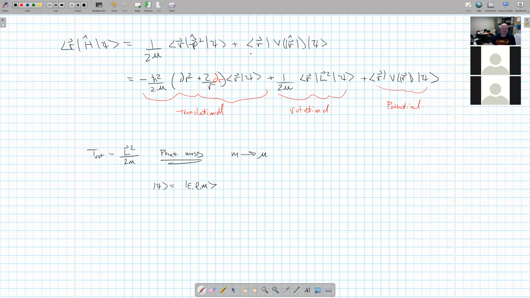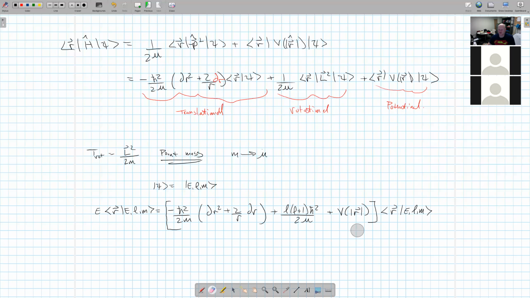So if I replace this into all these locations, what I finally get is that the energy times R E L M is equal to minus h bar squared divided by 2 mu times partial r squared plus 2 over r partial r, plus L times L plus 1 times h bar squared divided by 2 mu r squared, plus the potential, which now only depends on the magnitude of the position, all acting onto R E L M.